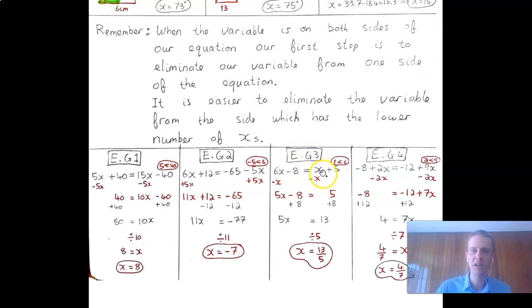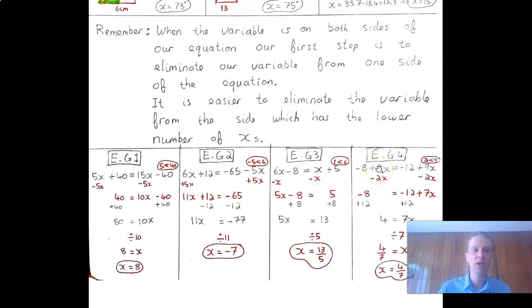So the right hand side has the lower number of x's, so we eliminate the x from this side. Looking at this one here, 2x's on this side, 9x's on that side. Again, we can see that the left hand side has the lower number of x's, so we eliminate the x's from this side.